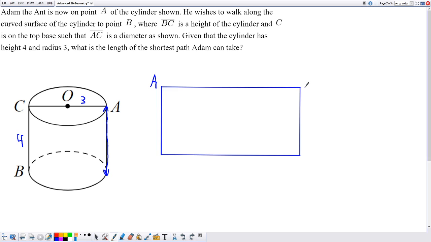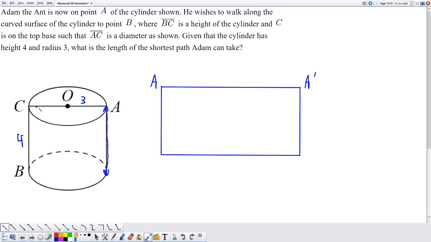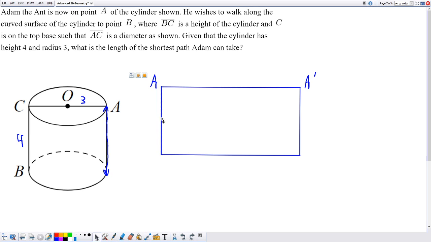So usually we would call that A prime. Well, then where would C be? C is directly across from A, which means it's going to be in the middle of the rectangle, about like that, where we have C on the top and B on the bottom.